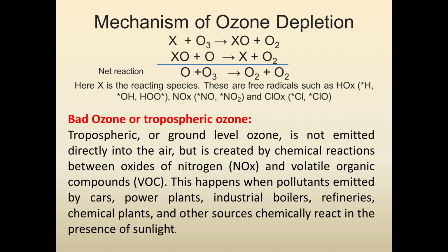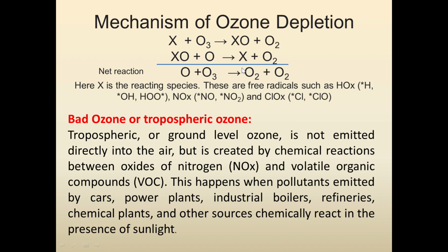So the net reaction is O plus O3 giving two O2, two diatomic oxygens. That means this O3 is again broken down to form two diatomic oxygens, which means depletion of ozone is happening.